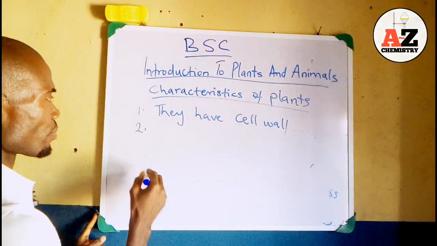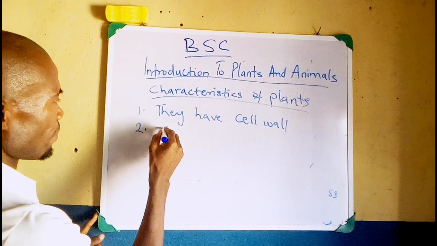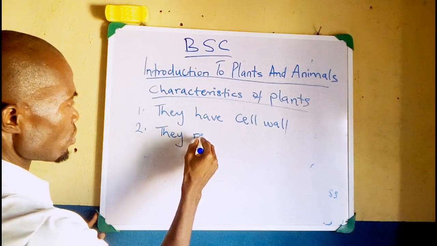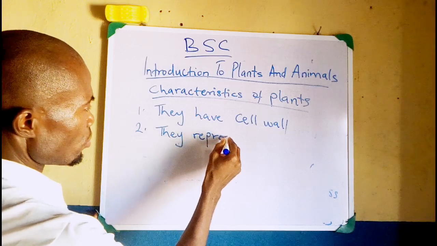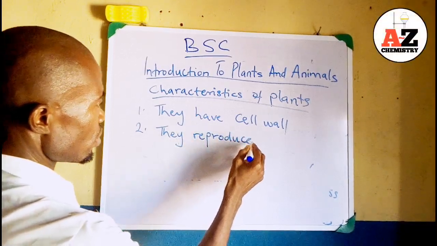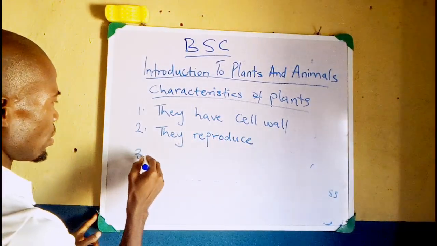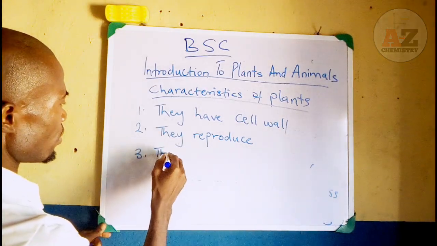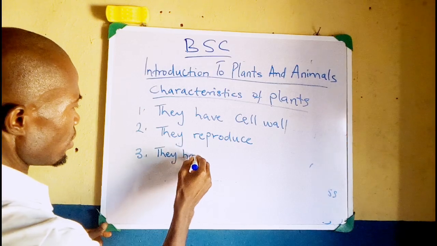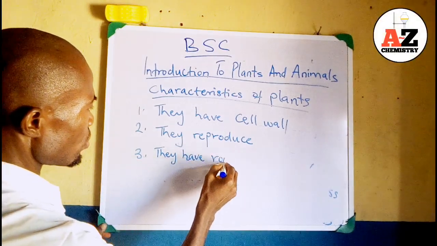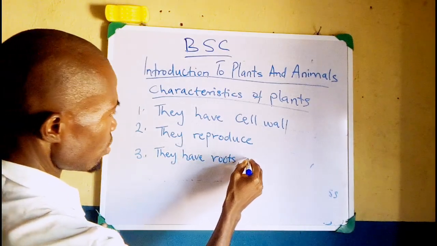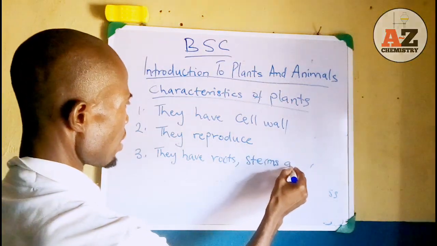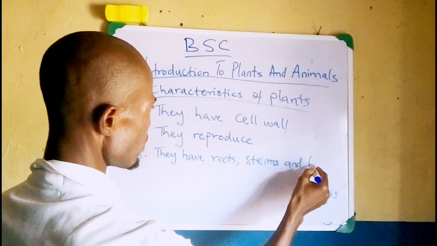Number two, they reproduce. Plants reproduce. The third one is that they have roots, stem, and leaves.